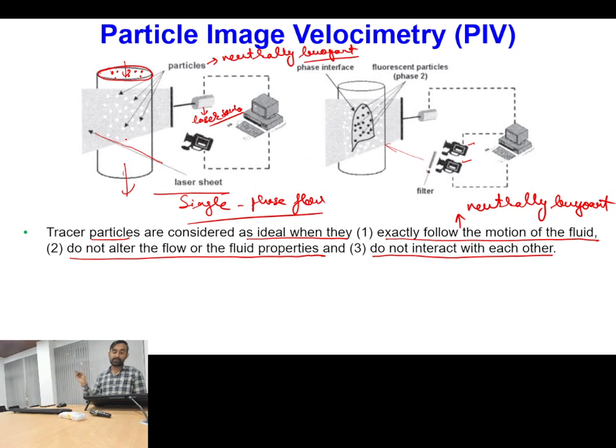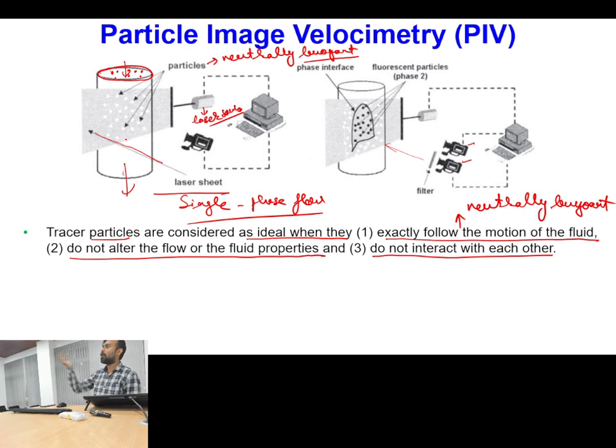From the laser source there will always be only a point light. Then you have to use a cylindrical lens which will diverge it, and then a spherical lens which will converge it in the form of a parallel sheet.